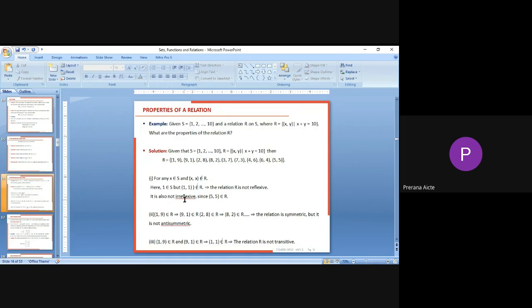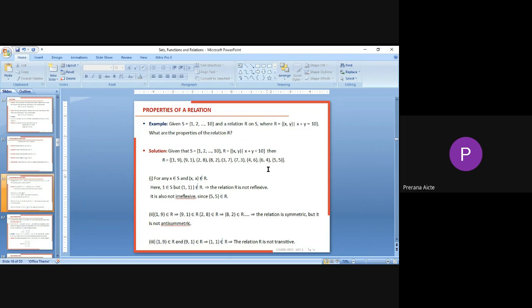Reflexive means (x, x) should belong to R. Here we have only (5, 5). For other elements, (1, 1), (2, 2), (3, 3) and so on, the ordered pairs are not in the relation, so we can say that it is not following the reflexive property.